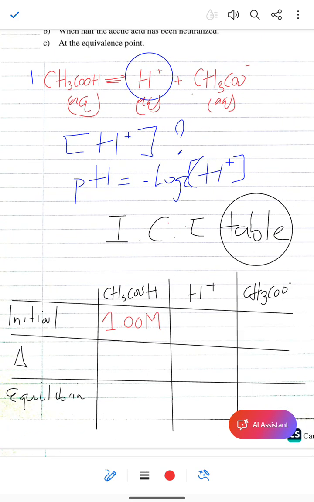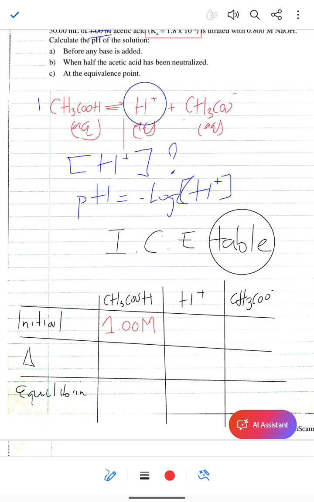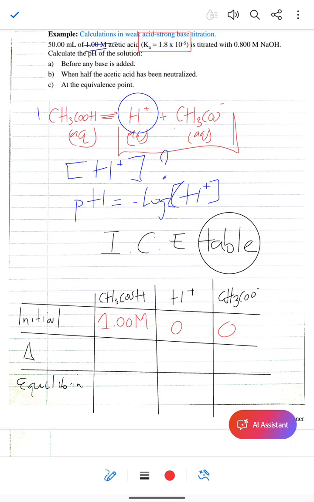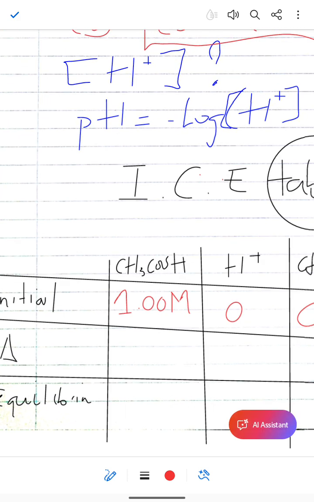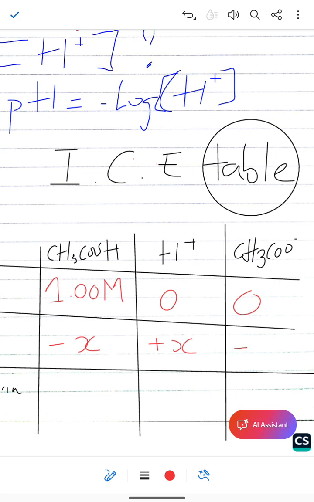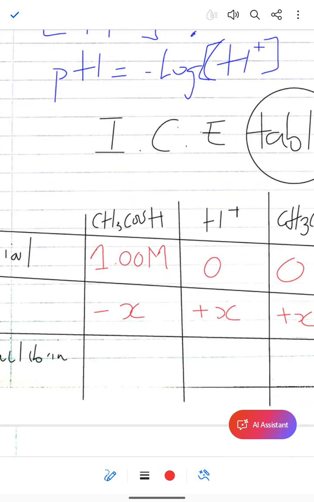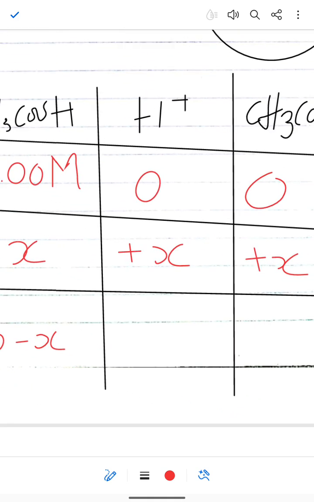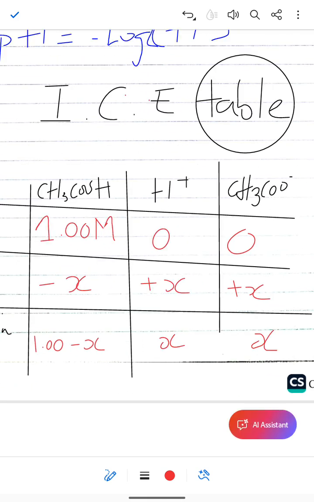And then the initial for the products will be 0 and 0. For the change, this will be minus x, this will be plus x, and this will be plus x. And then at equilibrium, this will be 1.00 minus x, and this one will be x. This one also will be x.